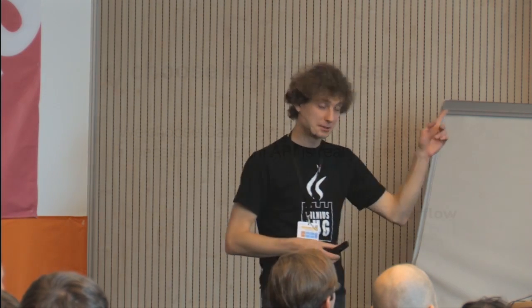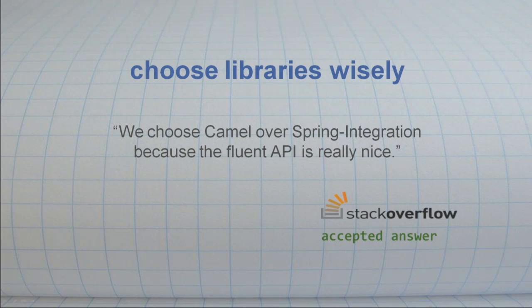Also, choose libraries wisely. Of course, this is a quote from Stack Overflow, an accepted answer, by the way. The question was, do you use Camel or Spring Integration? And one answer was, we chose Camel because the Fluent API is really nice. Okay.